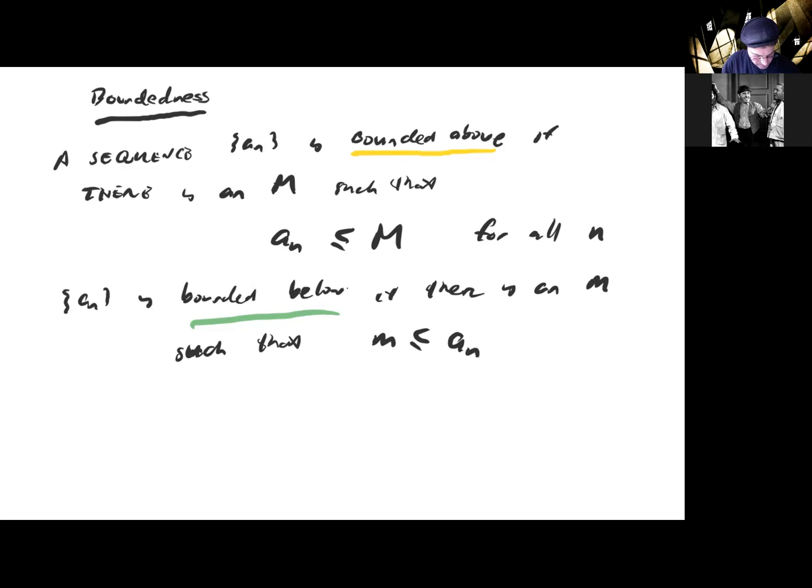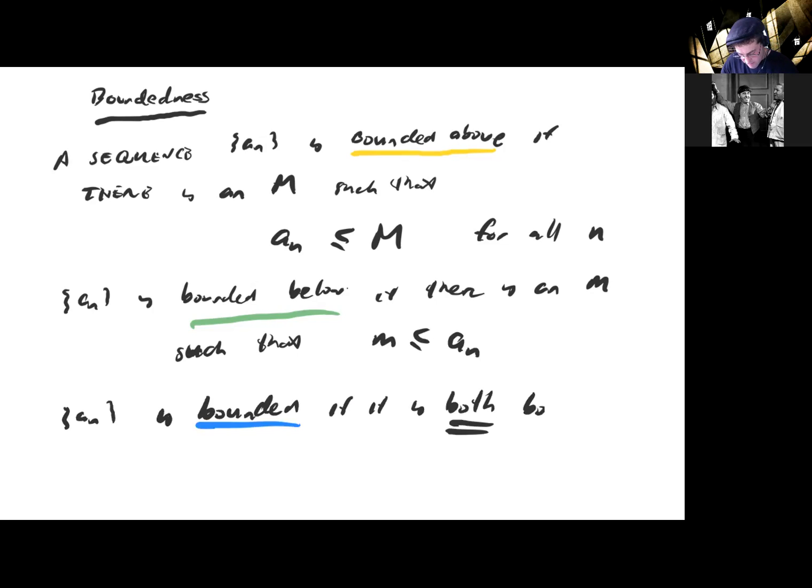A sequence a sub n is just said to be bounded if it is both bounded above and bounded below. So you need both conditions.